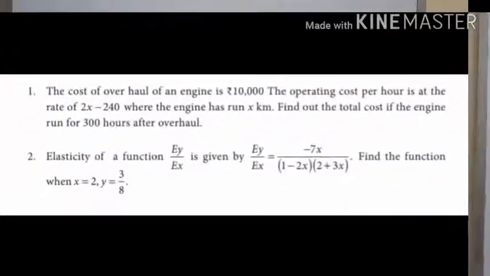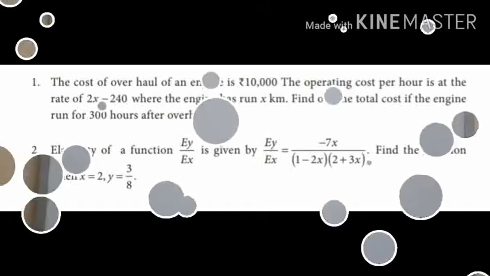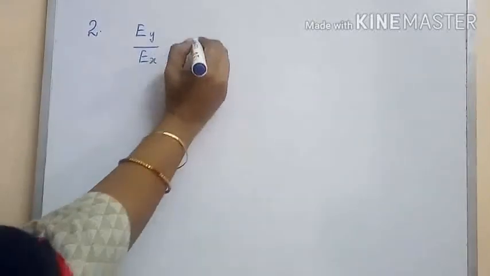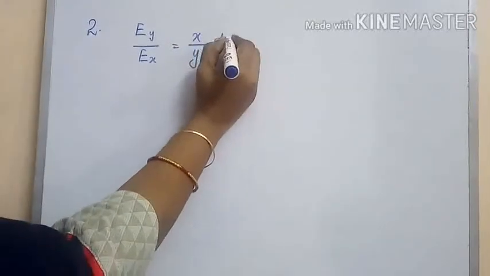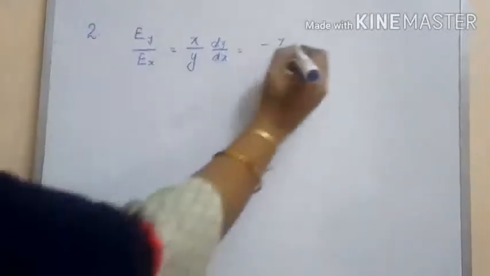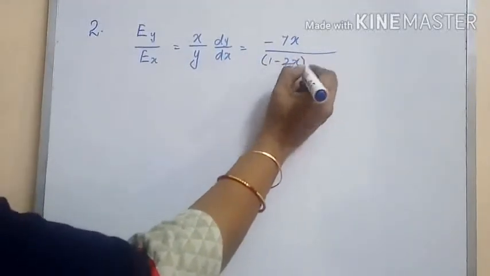The next problem is elasticity of a function. Ey by Ex is given by minus 7x by (1 minus 2x) into (2 plus 3x). Find the function when x is equal to 2 and y is equal to 3 by 8. We know that Ey by Ex is equal to x by y into dy by dx, which is given to be minus 7x by (1 minus 2x) into (2 plus 3x).